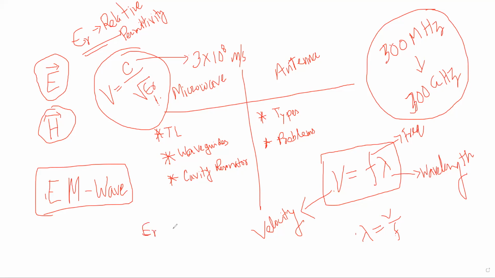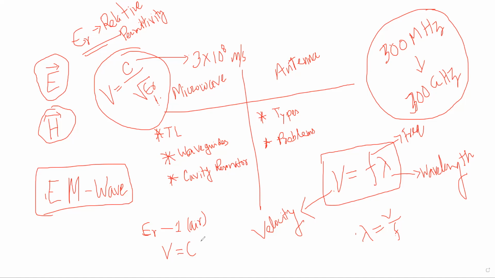Epsilon r is 1 in the air medium. That is why in the air, V is equal to C. That means the velocity is equal to the speed of light.